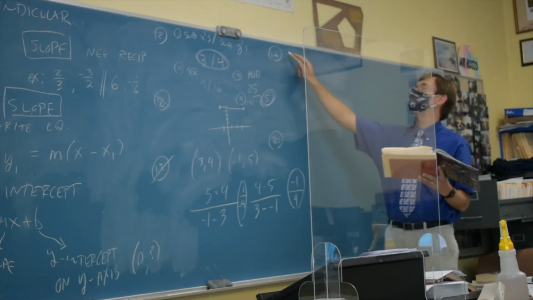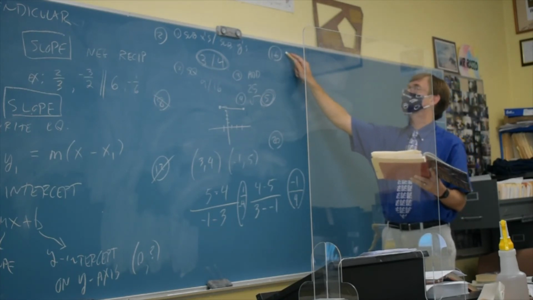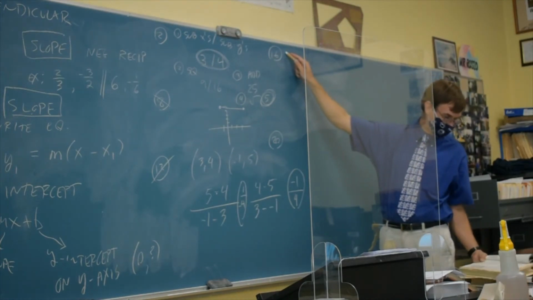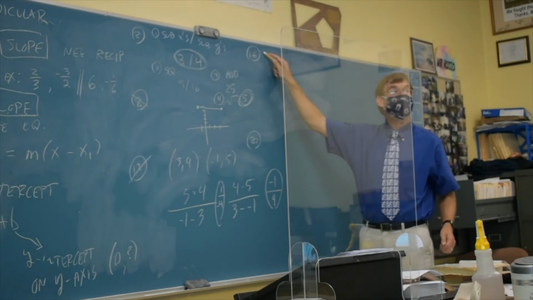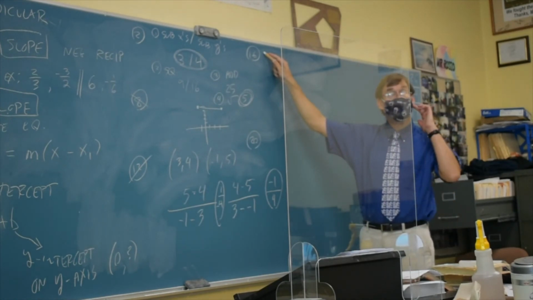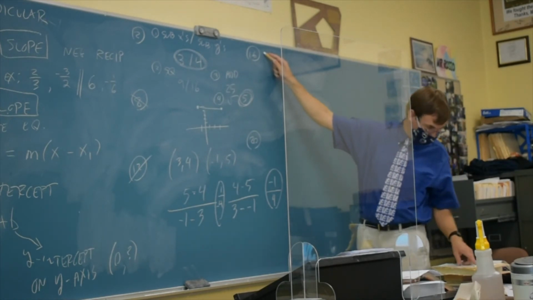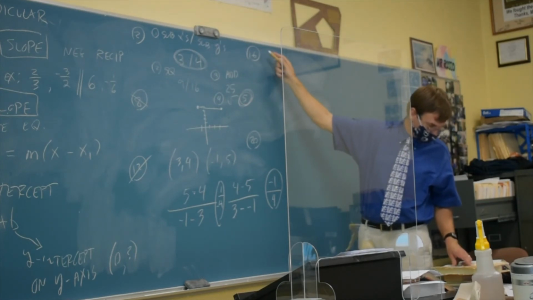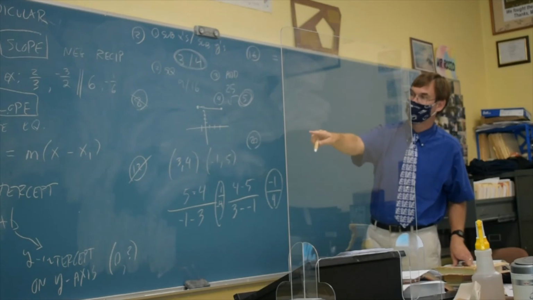What do we just decide about vertical lines? What will we start with? We're going to deal with vertical lines.